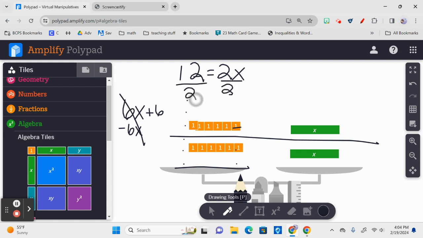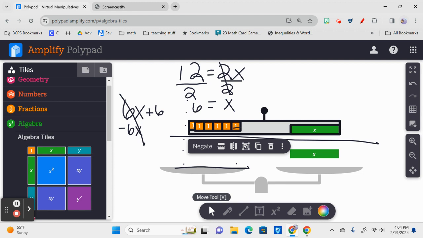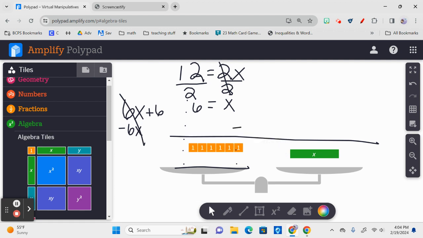Algebraically, that looks like this. 12 divided by 2 is 6. 2 divided by 2 is 1. That gets me 1x. I can get rid of all of this because I'm taking an x from the right side, which has to be equal to 6, and 6 from the left side, and it will keep my scale in balance.